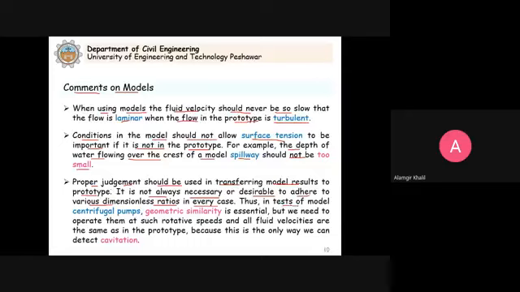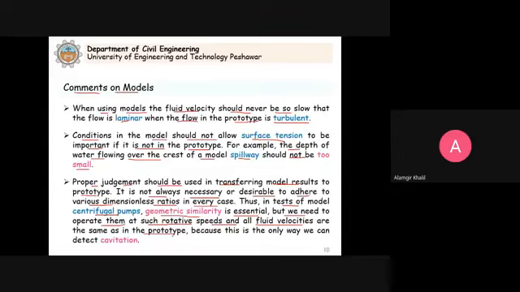Thus, in the tests of model centrifugal pumps, geometric similarity is essential, but we need to operate them at such rotative speeds that all fluid velocities are the same as in the prototype.